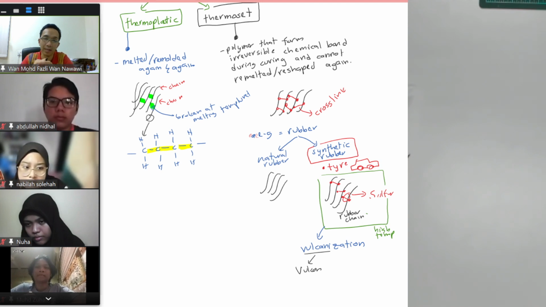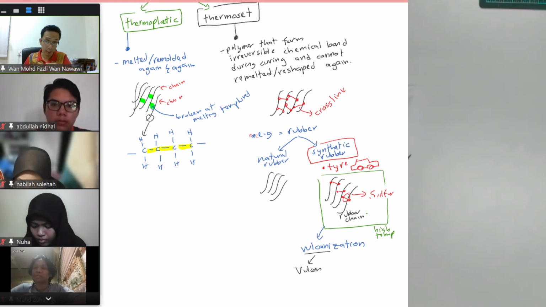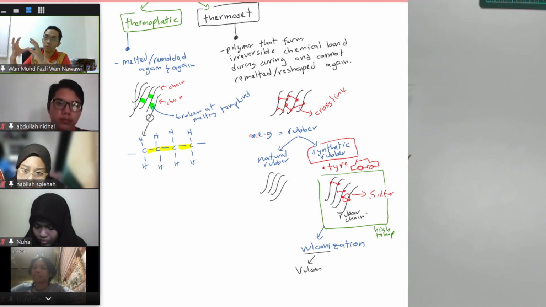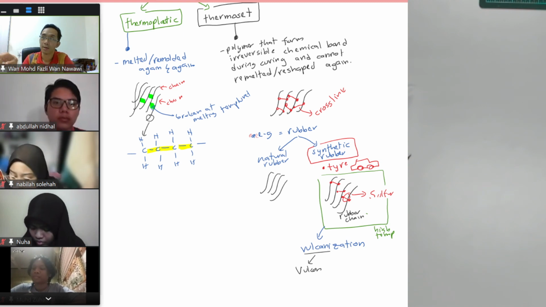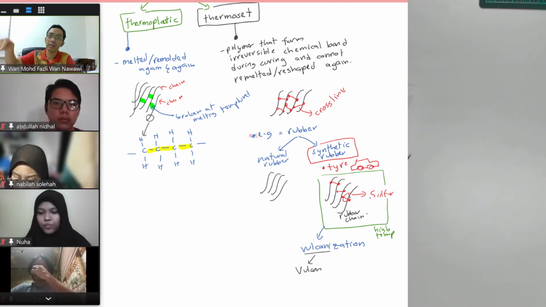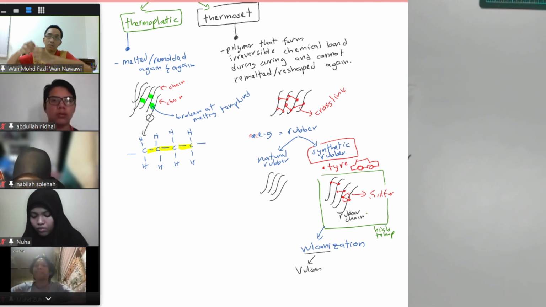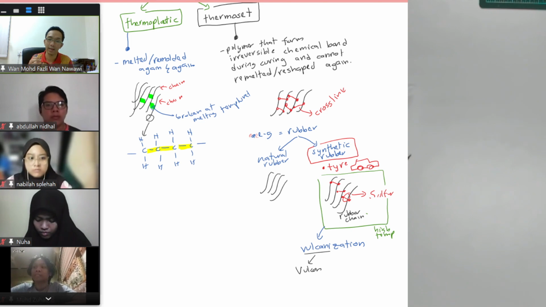When you have this crosslink, this rubber becomes hard. Okay, it's not like getah sekerap. Getah sekerap, if you ever hold it, you still can play around. But when you see your family car and touch the tire, you will see it's not as easy to bend it and so on. It's hard. So one of the benefits of thermoset is that it's more durable.